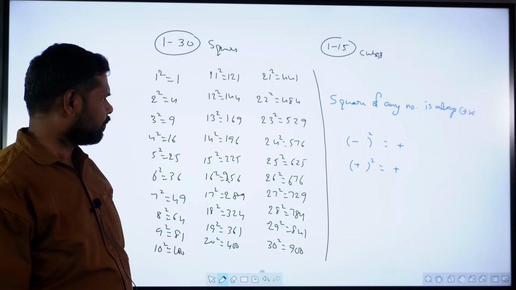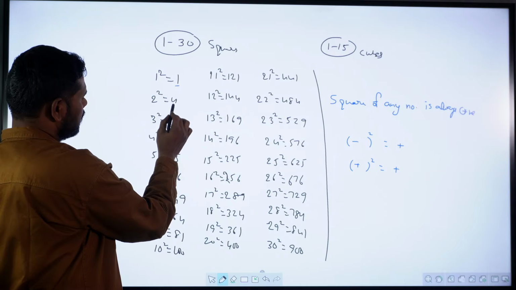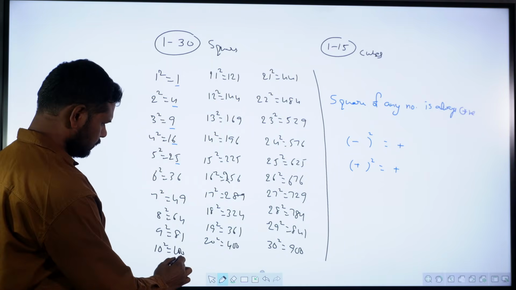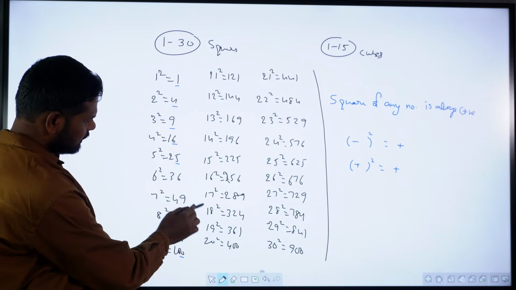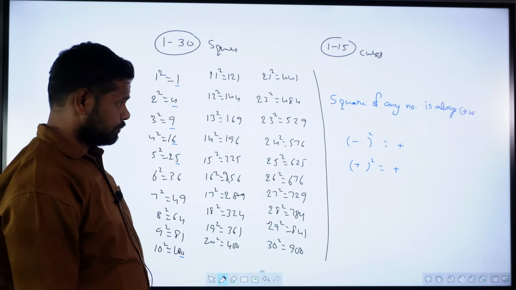That is important. Also observe the ending unit digits: 1, 4, 9, 6, 5 and 0. Again 1, 4, 9, 6, 5, 0 repeat, all the same.